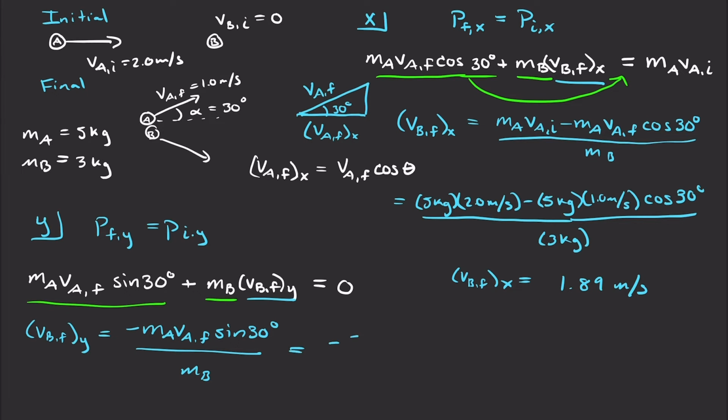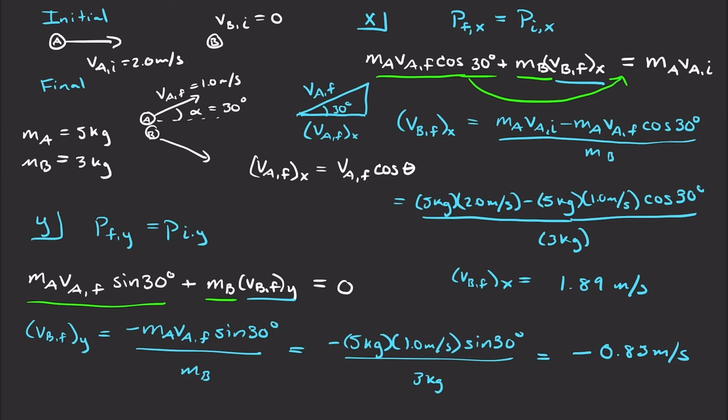And if I plug in, I get minus 5 kilograms times 1 meter per second times sine 30 divided by 3 kilograms. And I get minus 0.83 meters per second. So that tells us that at the end, B is moving to the right because it has a positive x component of velocity, and it's moving down.